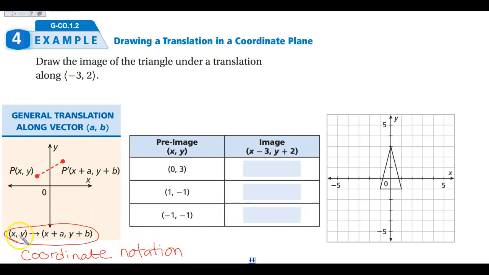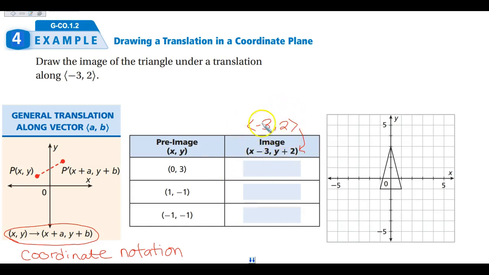So from any point (x, y), we're going to add the horizontal change to the x, and add the vertical change to the y. So when we have our vector <-3, 2>, in coordinate notation it becomes (x - 3, y + 2), because our horizontal change was a -3, and our vertical change was a +2.